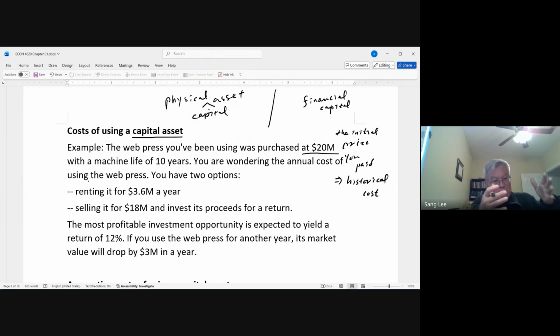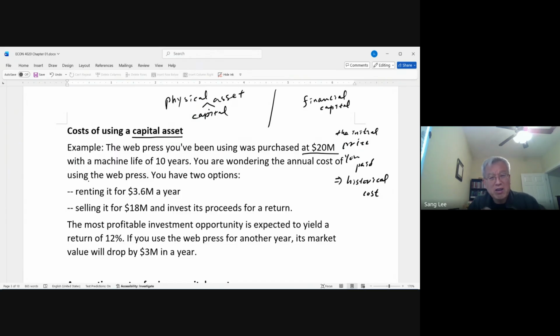But if you look at the U.S. tax code, then typically you are allowed to choose up to 15 years. So you can assume that the web press machine will have a relatively short machine life, like 5 years, or if you want, you can say this machine will last for 15 years. So it's all depending on what.